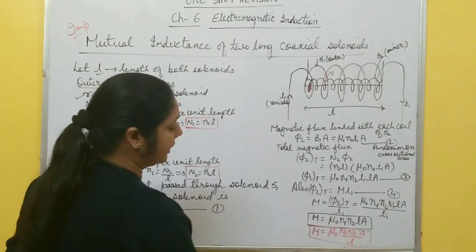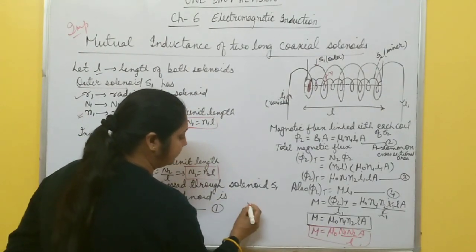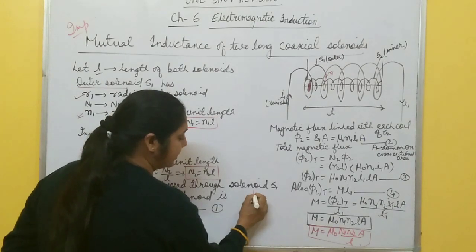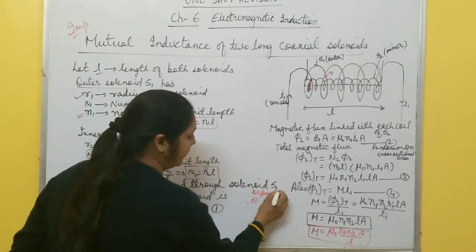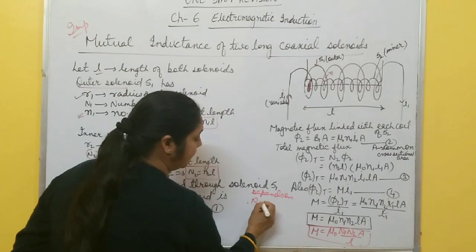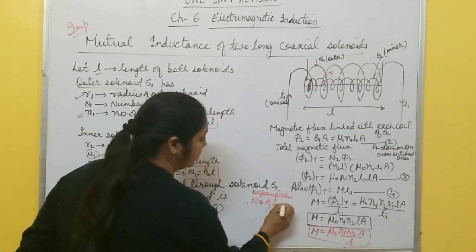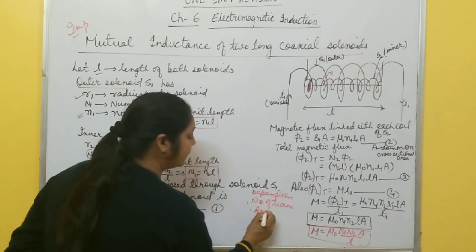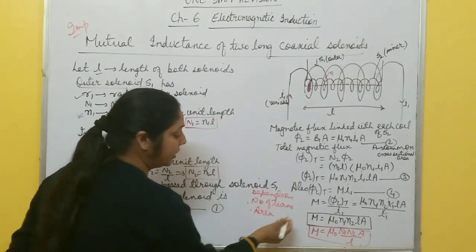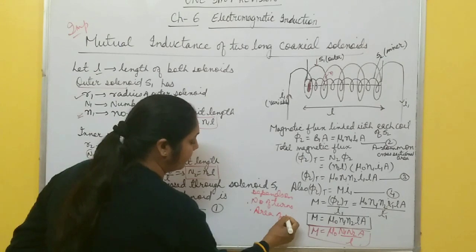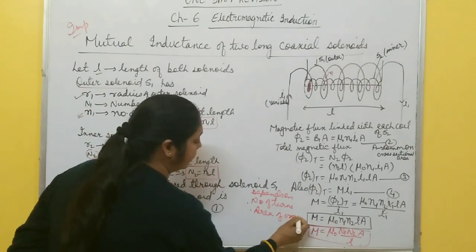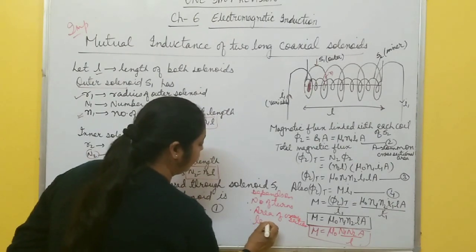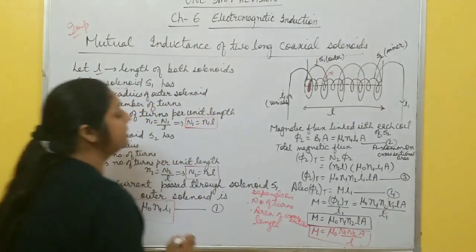From here it is clear what this mutual inductance depends on. It depends on the number of turns of each solenoid, right? Also the common area of cross section of both solenoids, and the length of the solenoid. On these factors, this mutual inductance depends.